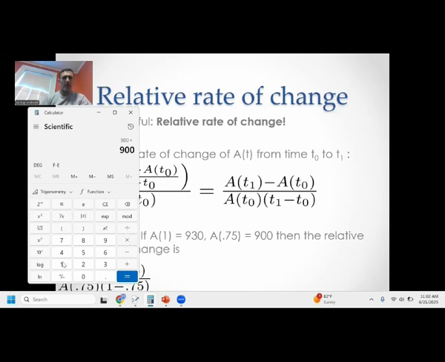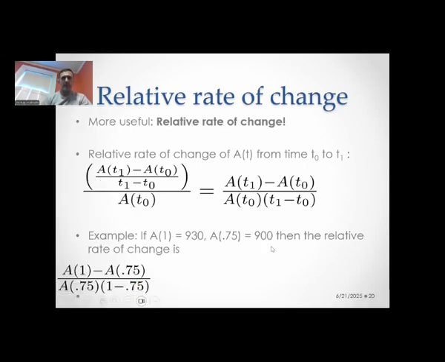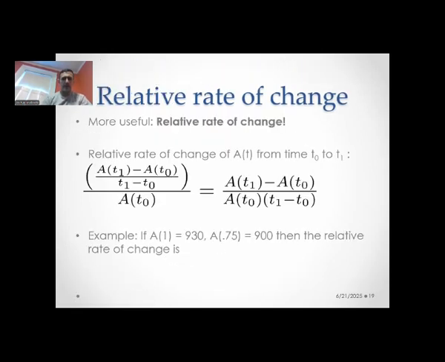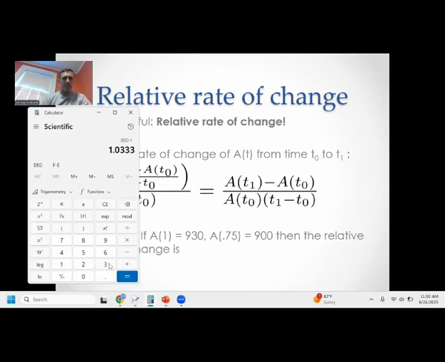That means we're going to multiply by 1.03333. I had 3 decimals, so I'll add another 3. Sorry about that. So what does this give me? It basically gives me $930 as we need. So if we start off with $900 and we grow by 3.333% in this 3 month period, we're going to get $930. So this checks out. Okay.